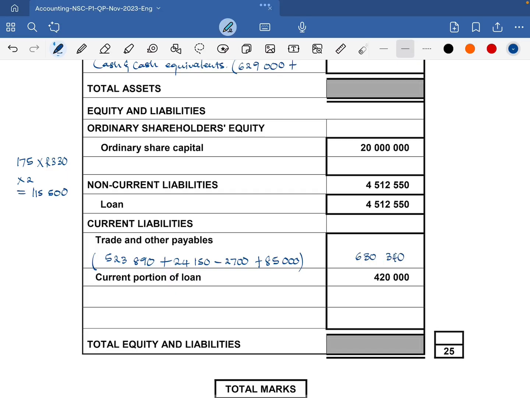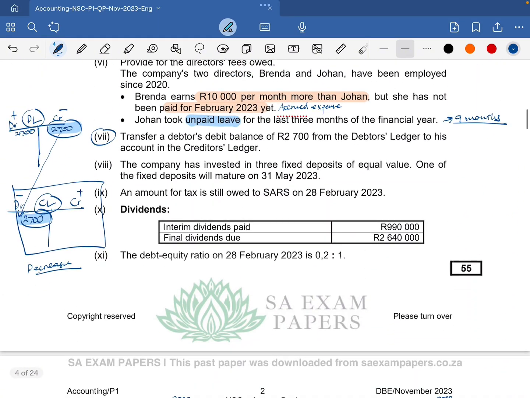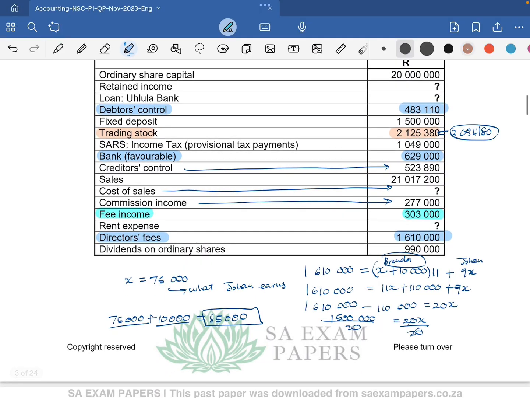630,340. Now let's see the last two items on our current liabilities, which I believe is on the dividends information, which is our shareholders for dividends, and then we also have an amount that is owed to SARS. If we start with the SARS amount that is owed, we are given here SARS income tax provisional payments.